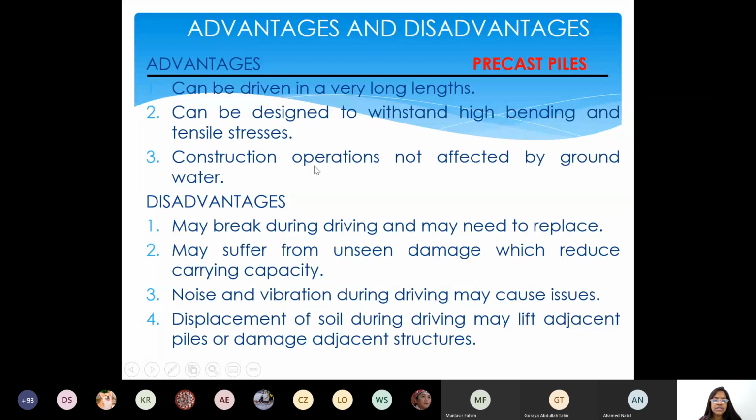And if it is shallow, there are very good, immediate chances of failure of the building if you adopt a wrong foundation like a shallow foundation for a skyscraper. Construction operation is not affected by groundwater, because you are going deep into the rock surface for a pile foundation. It will not be affected by groundwater. You don't bother.